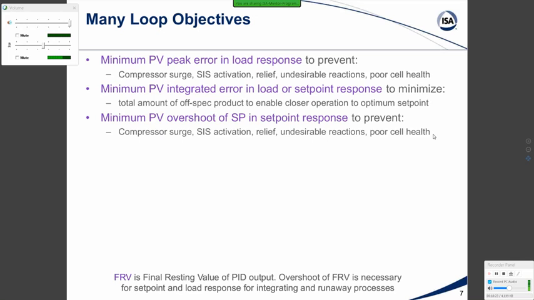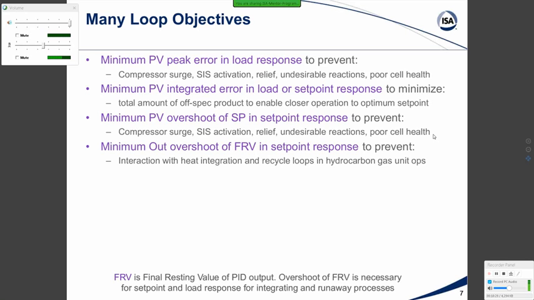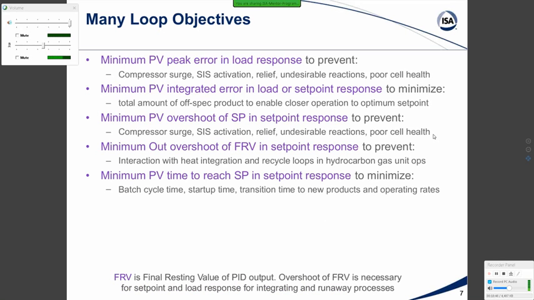Extraordinary sensitivity, like a tenth of a degree overshoot is a concern. There's also the case in hydrocarbon processing where you have overshoot of the flow and the set point response, and these would be for truly self-regulating type loops, to prevent interaction with heat integration and recycle loops, and we typically see them in hydrocarbon processing.